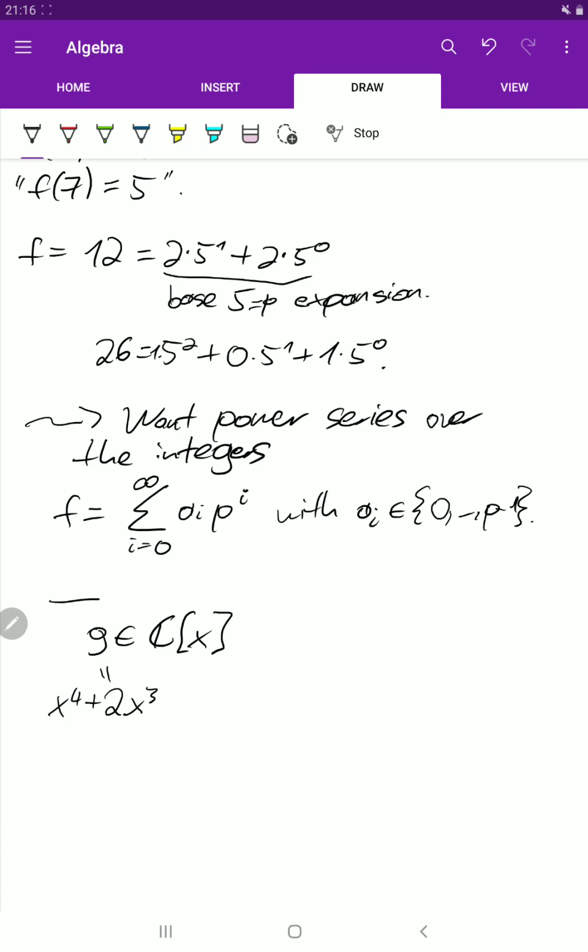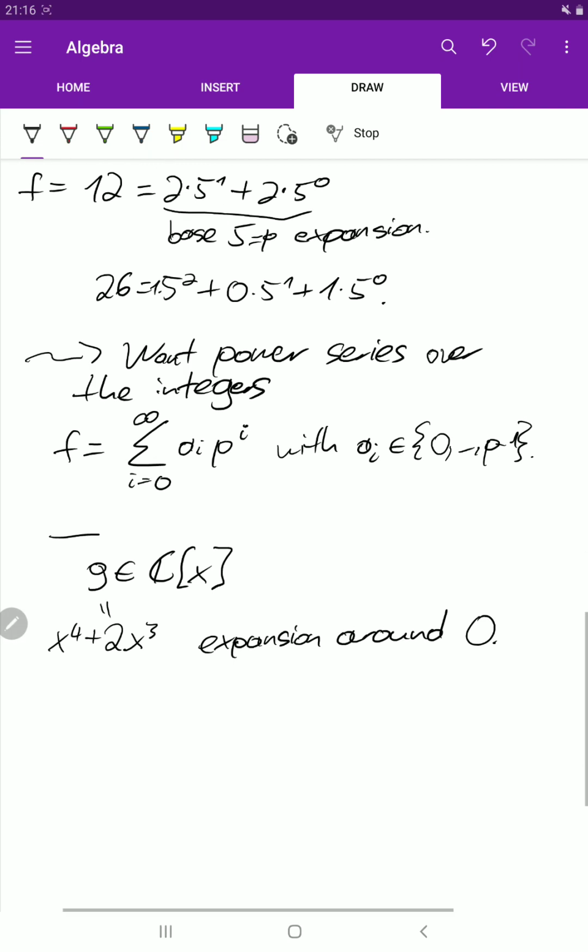So this is the expansion around 0. Of course, that's only a polynomial and doesn't have infinitely many terms, but we don't worry about that for now. So that's the expansion around 0.